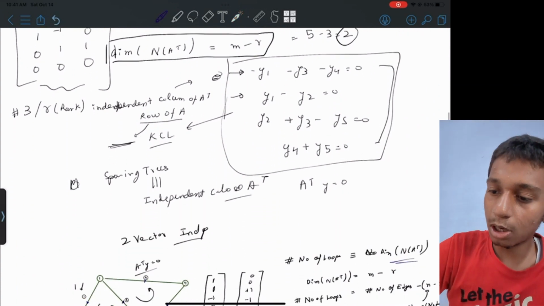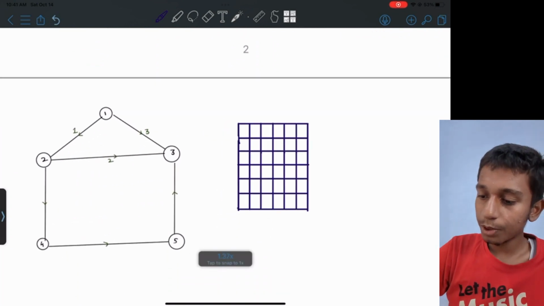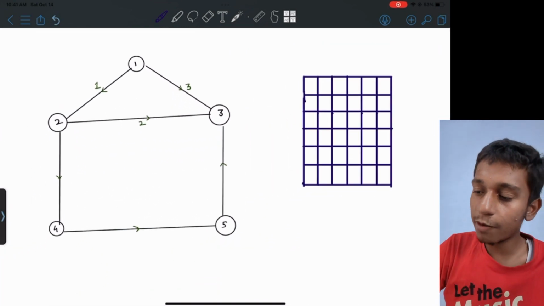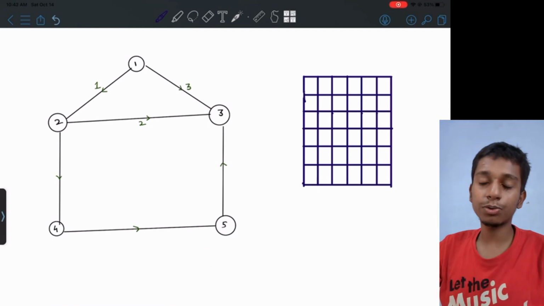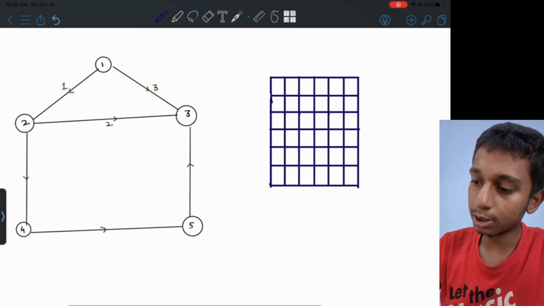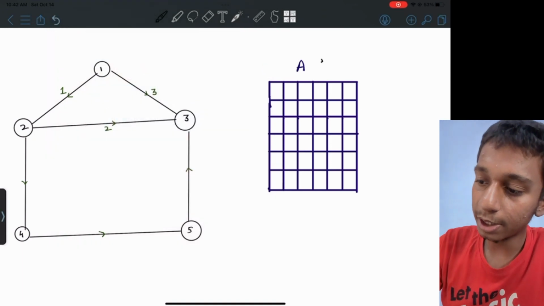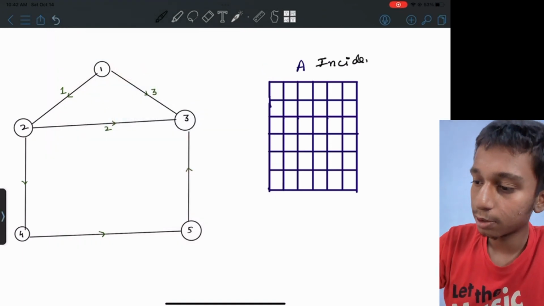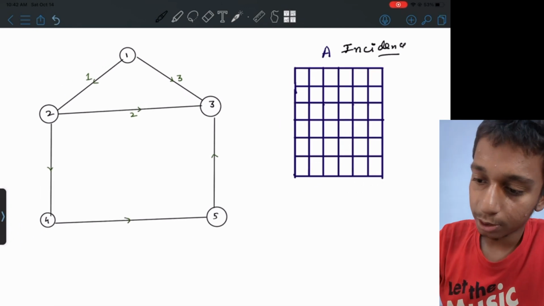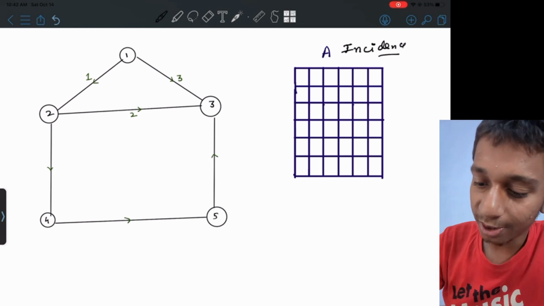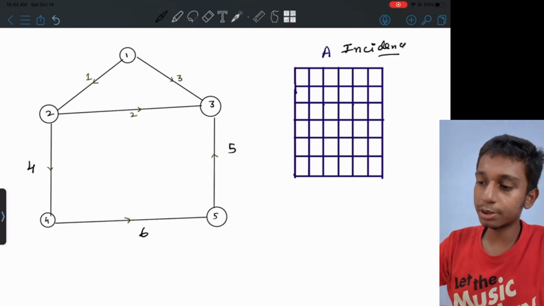So now I am going to demonstrate it on a sample problem. Here I have a sample graph upon which I am going to apply the same concepts that I have shown right now. Let me call the matrix A, which is the incidence matrix of this graph. Since there are a total of 6 edges, I forgot to label all the edges: 1, 2, 3, 4, 5, 6. So here are the edges.